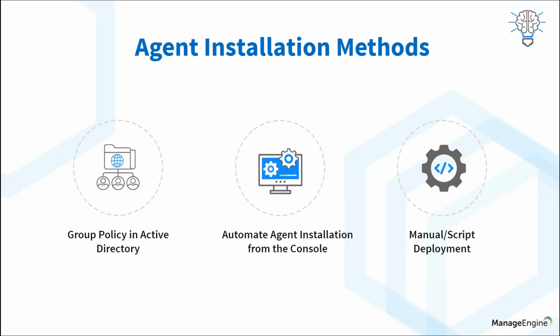So the agent installation can be done in 3 different ways. Since I said this is a client-server model, you have to have the agent installed on all the endpoints in order to manage them. The first option to install the agent is via group policy startup script in your Active Directory. You can simply download the application setup and push it using GPO. We do have automatic agent installation directly from the web console.